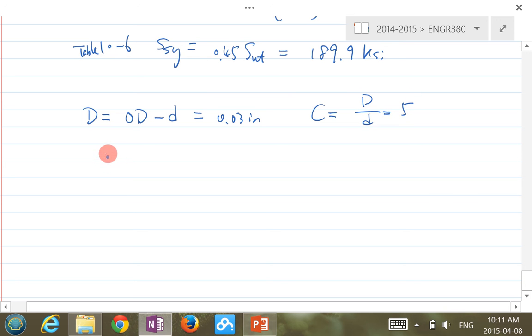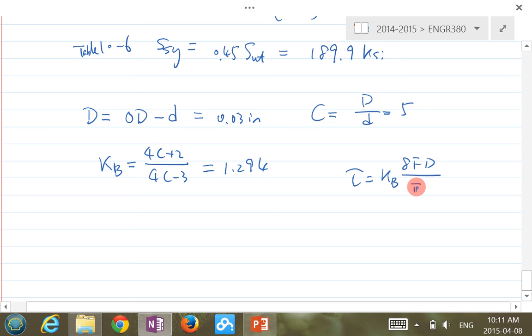In the formula for the shear stress, you have the Bergsträsser factor, Kb. Kb equals (4c plus 2) over (4c minus 3). So c is known, plug it in, and you get this much for Kb. Then what else do we need? Let me write down tau: tau equals Kb times 8FD over pi d cubed.